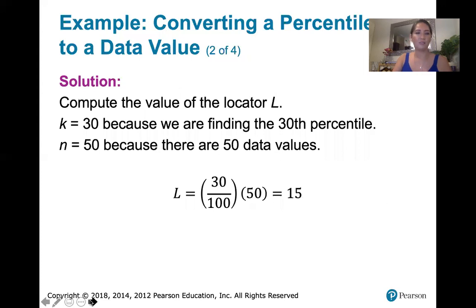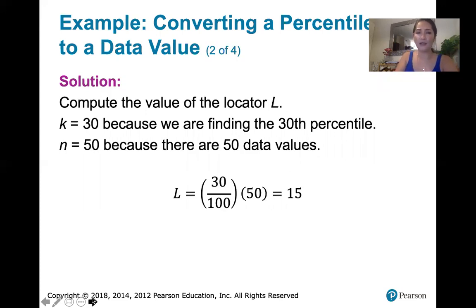The way we do that is first we compute the locator L, and then we identify K and n. Since we're interested in the 30th percentile, K is equal to 30. Since we've got 50 data values, n is equal to 50. So you're basically taking 30% of 50, and that's telling you, look at the 15th value on the list.